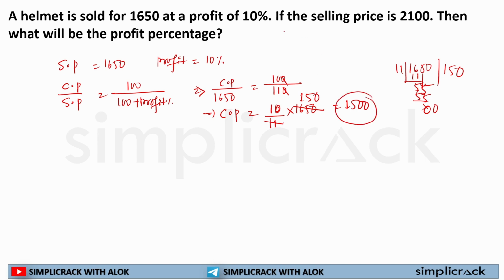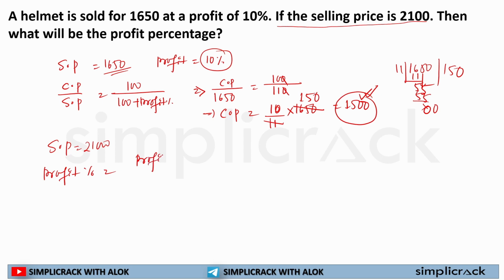Now it is saying if I sell it at 2100, so my cost price for the helmet was 1500, I sold it at 1650 and got 10% profit. But he is saying if I sell it at 2100, what will be my profit percentage? So profit percentage is equal to profit by cost price into 100. Profit is nothing but sales price minus cost price, by cost price, into 100.